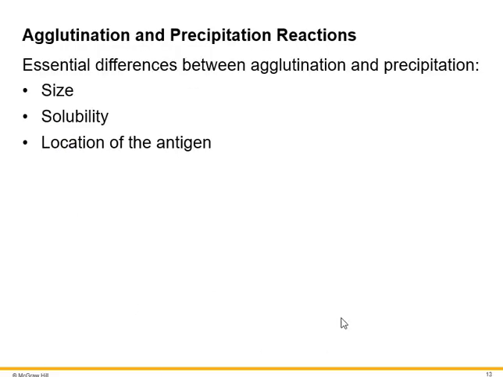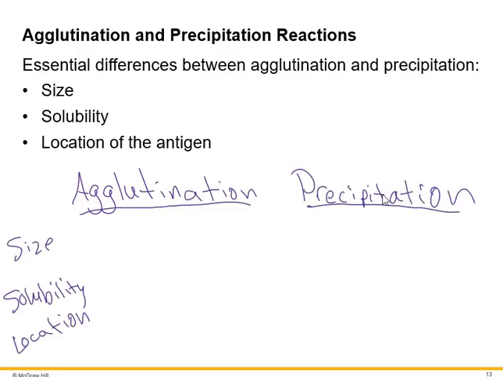So we'll look at, first of all, agglutination versus precipitation, because those sound like they are the same thing because they're clumping together, but they're slightly different, and they vary based on the size, the solubility, and the location of the antigen. So agglutination versus precipitation, you have these three differences.